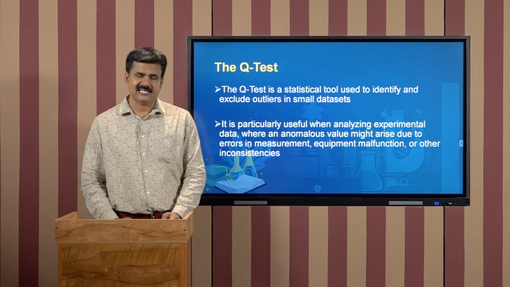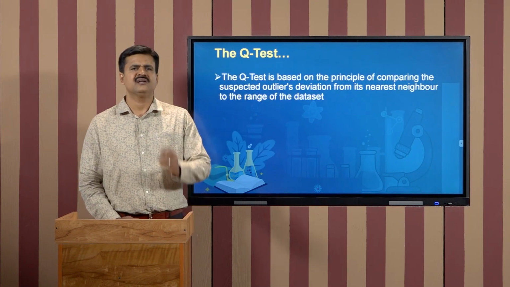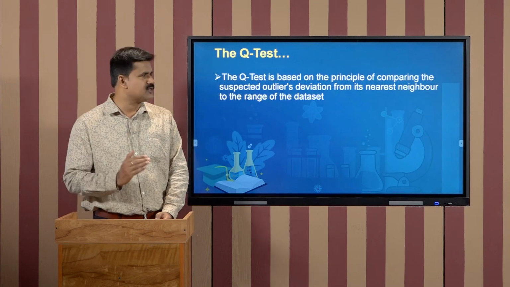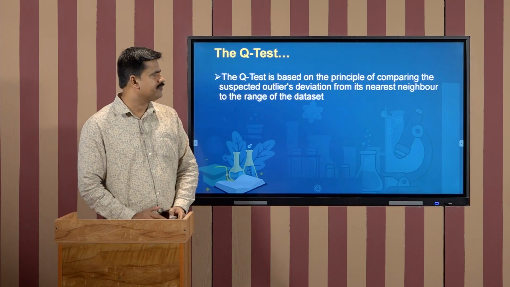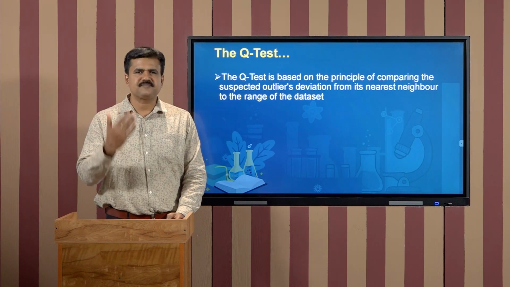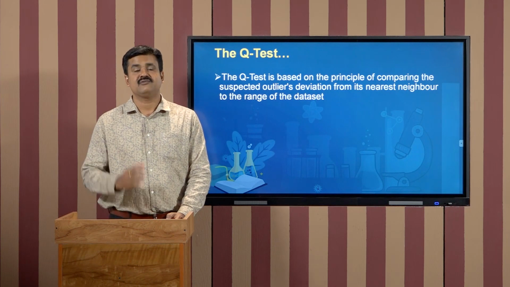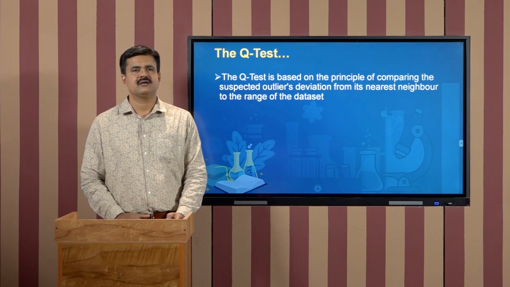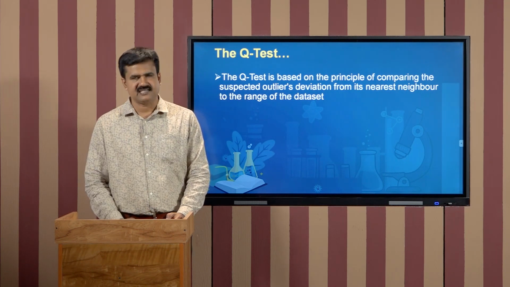The Q-test is based on the principle of comparing the suspected outlier's deviation from its nearest neighbor to the range of the data set.